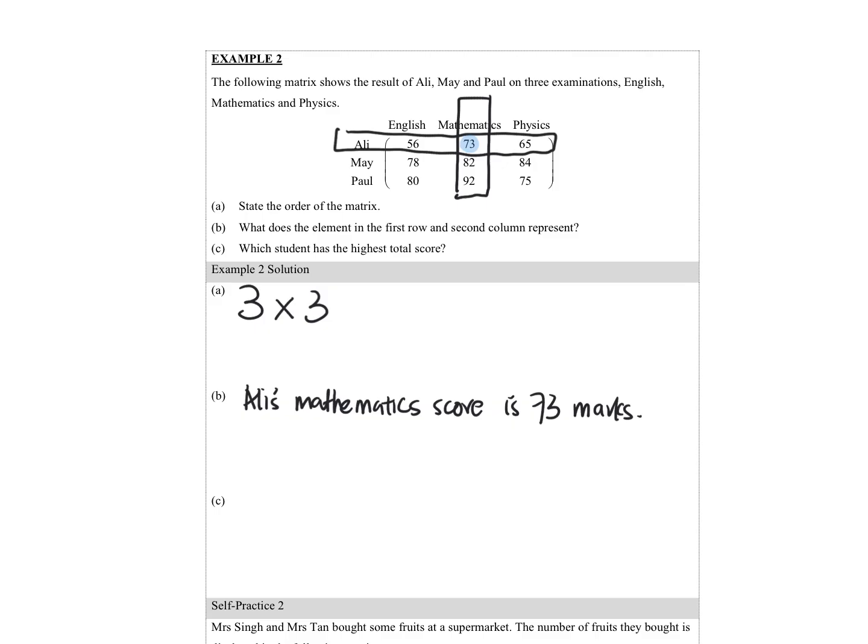Then which student has the highest total score? If we want the total, we should add up the 3. So 56, 73, 65. So the student with the highest total score is Paul.